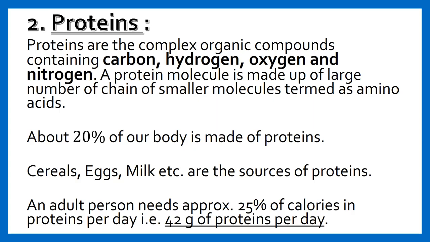About 20% of our body is made up of proteins. Cereals, eggs, milk, etc. are the sources of proteins. An adult person needs approximately 25% of calories from proteins per day. That is almost 42 grams of proteins per day.